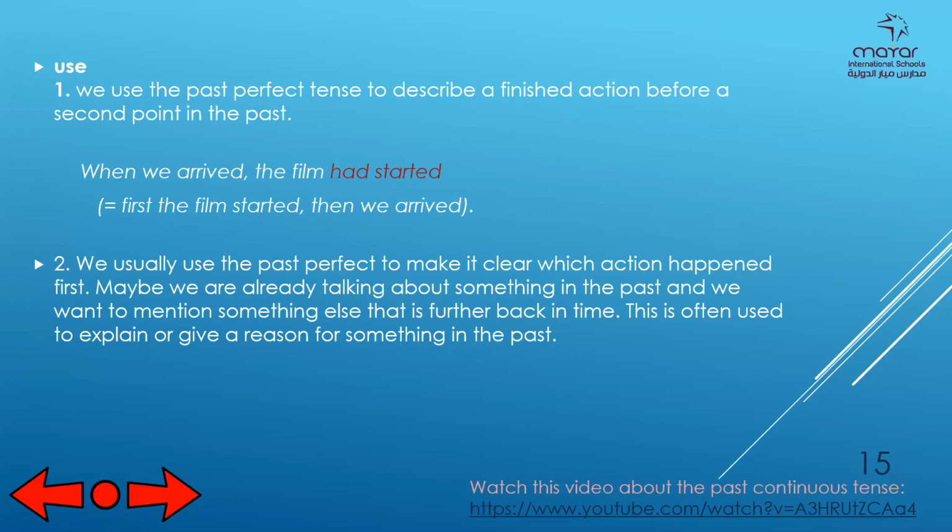We can say a second verb or a second point, meaning a specific point. If you want to say a specific date or a specific hour, before this hour we use had plus past participle. When we arrived, the film had started. That means first the film started, then we arrived. Thank you so much.